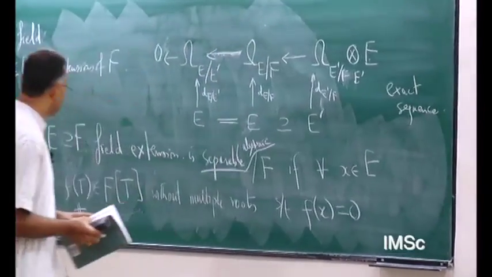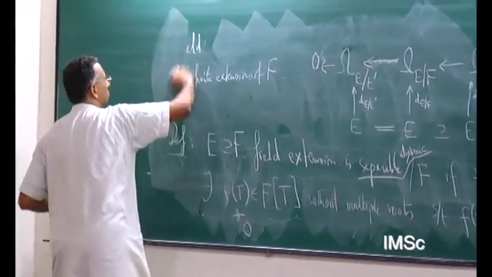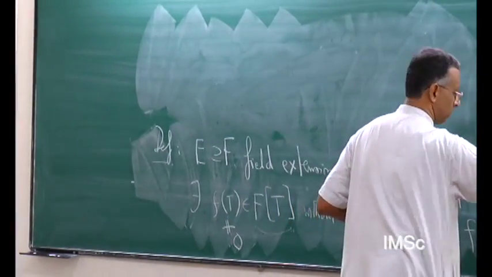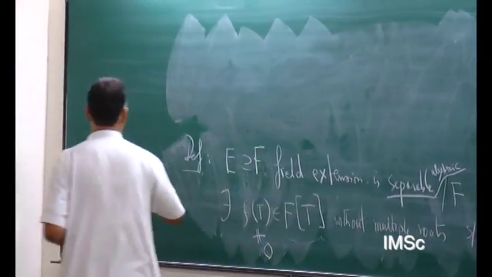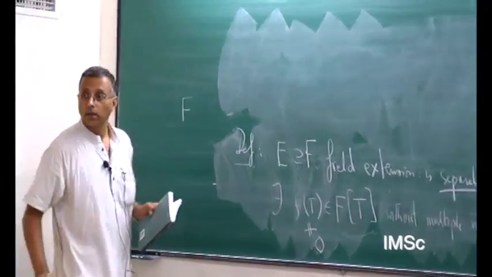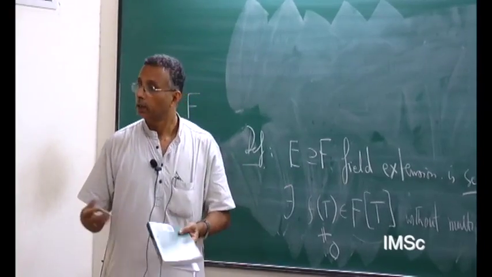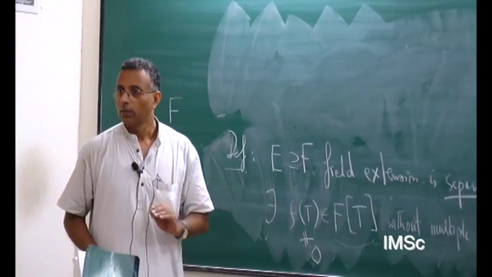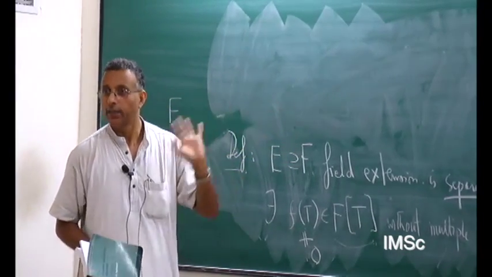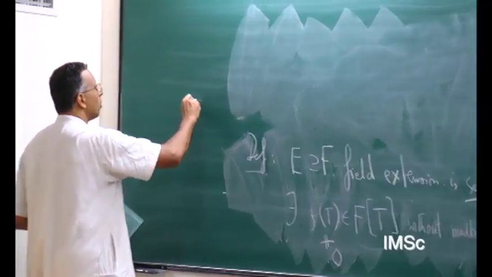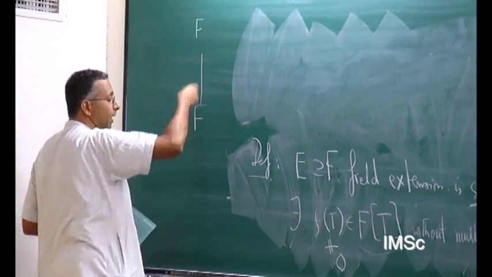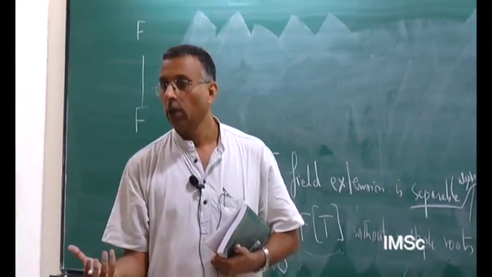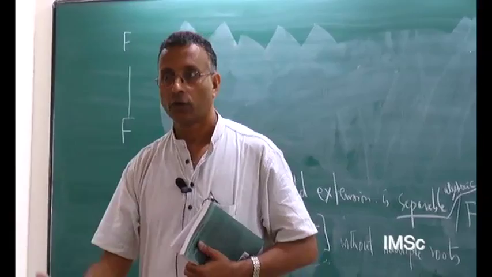Here is the question I want to ask you. Suppose I take a field in characteristic 0 or otherwise. In characteristic 0 there is this other argument, but suppose for a minute you forgot about this. Suppose I take an irreducible polynomial f, and suppose f prime is non-zero.